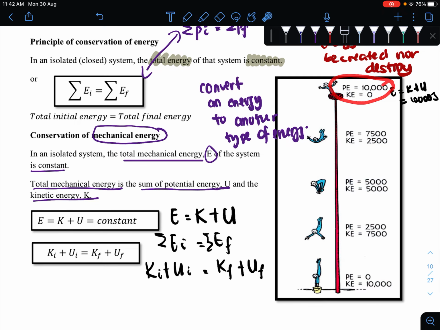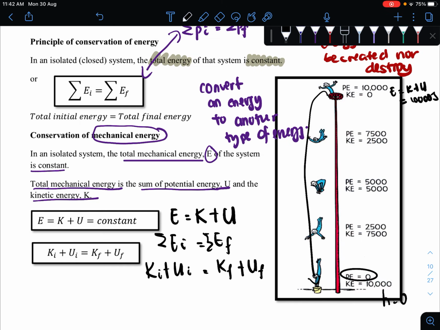So whatever energy you had initially must equal whatever you're going to have finally. When we look at the final state, when he reaches the ground, he jumps and arrives at the ground. What happens is there is no more h. H here becomes 0. So when h becomes 0, potential energy becomes 0.